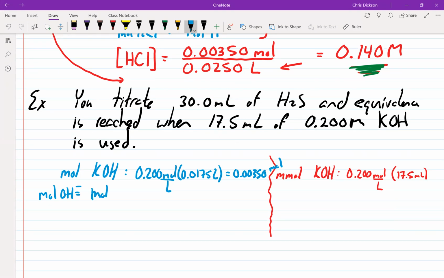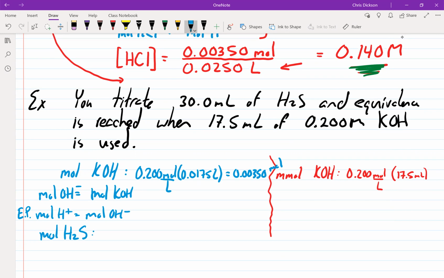Now what I know is the moles of the OH would have to equal the moles of the KOH. It's a monoprotic base. And I know the moles of H plus equal the moles of the OH, because I've reached the equivalence point. Now I have to try to make sense of the moles of the H2S. You probably were aware that there's a 2 here, so that must change things.